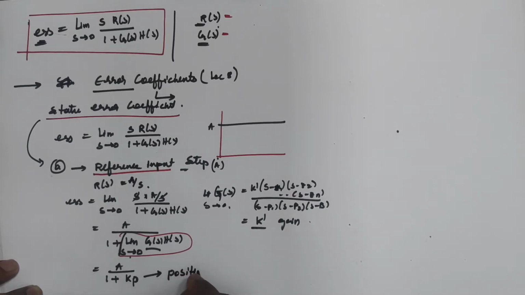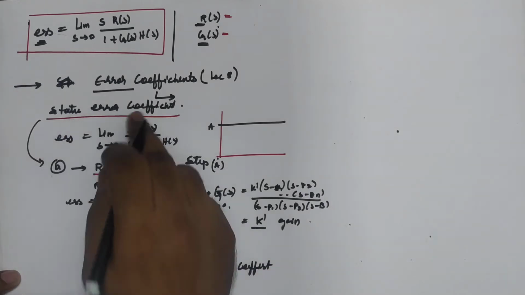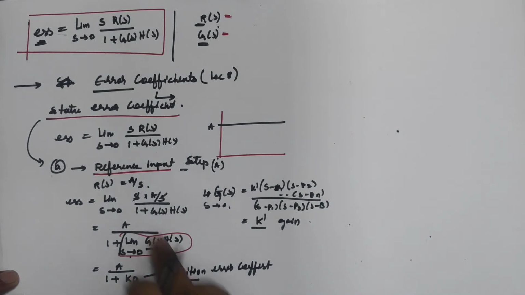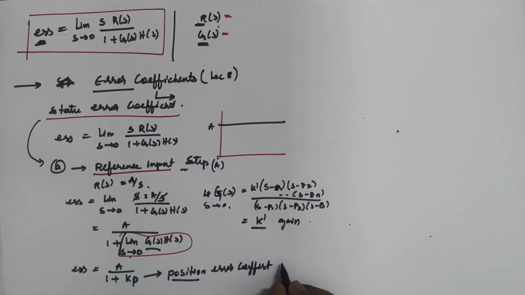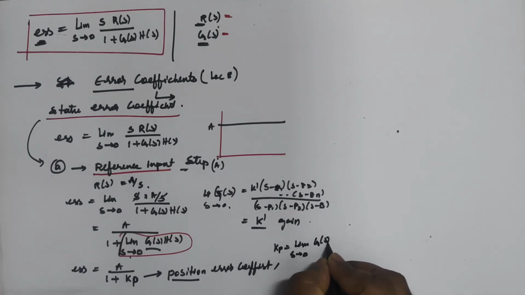I name this Kp the position error coefficient, or static error coefficient. We will call this the position error constant or static error coefficient. So the Kp value is limit s tends to 0 of G(s)H(s).